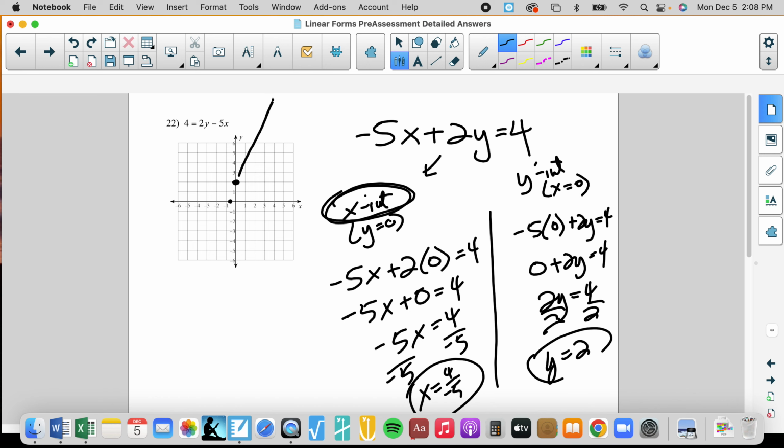So I have 2 points, and yes, that's a fraction right there. This is 0, 2, and this point is going to be negative 4/5, comma 0. Everybody should have those 2 points as the 2 points that you use.